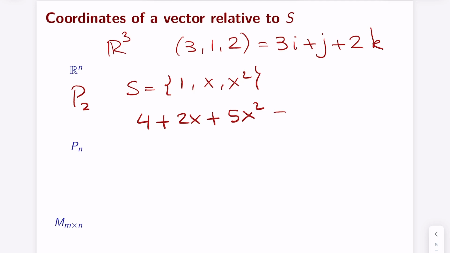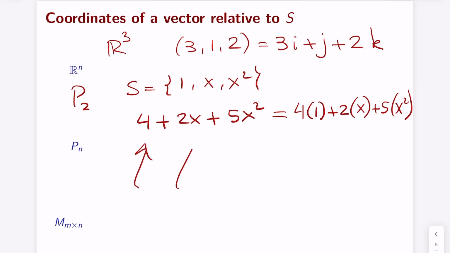So this polynomial, what are the coordinates with respect to this base? Well, it's going to be just 4 times 1, plus 2 times x, plus 5 times x squared. So 4, 2, 5 are the coordinates in this base. So we can say that the coordinates of this polynomial are just 4, 2, 5 in the standard base.